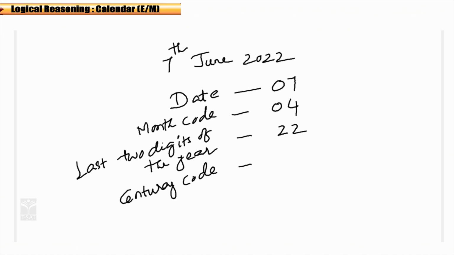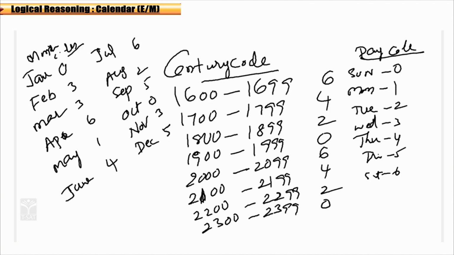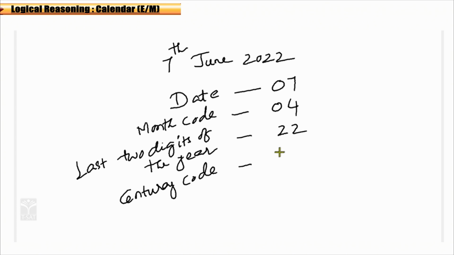So what is the century code? 2022 comes in which century? 2000 to 2099. So for 2000 to 2099, what is its century code? 6. Correct? Okay. So we have to add 6 to it.